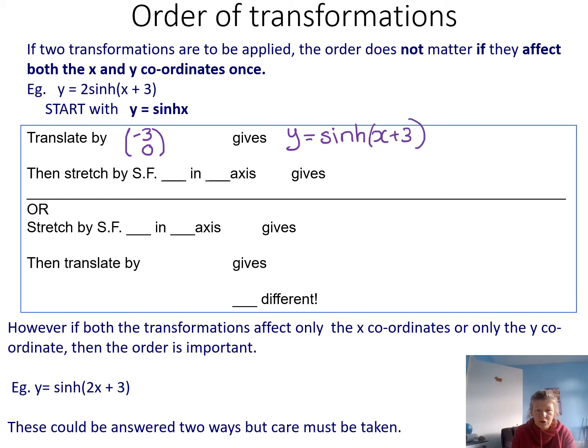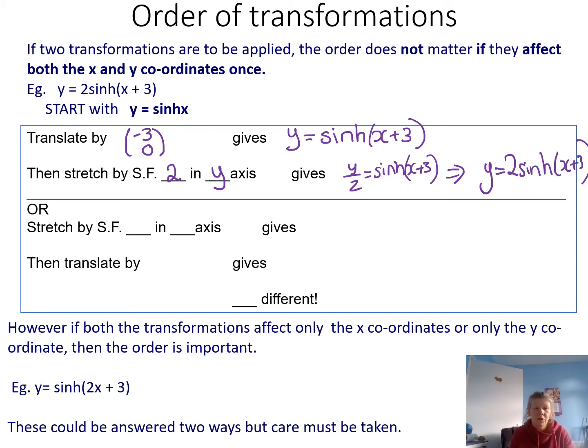Then I've gone on to do a stretch by 2 in the y-axis, so replace y with y over 2 equals sinh x plus 3. That leads us to y equals 2 sinh x plus 3.